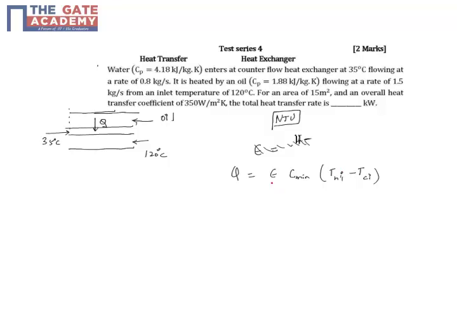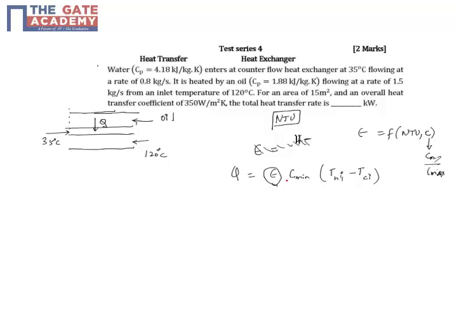So first of all, there are two things you need to find out: effectiveness, and effectiveness is a function of your NTU, which is number of transfer units, and also a function of C. This C is nothing but C min by C max, that is the heat ratio of minimum heat capacity to the max heat capacity.